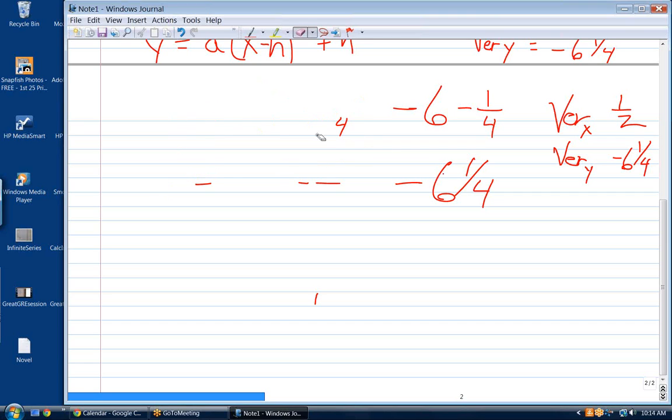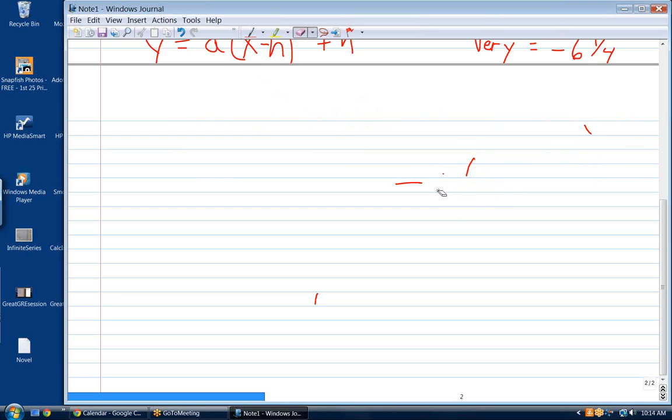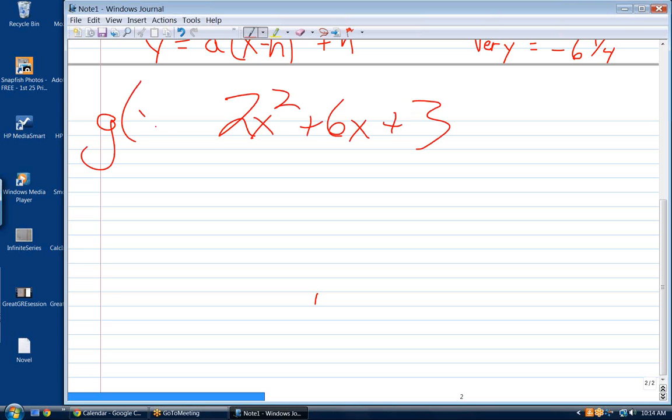Find the maximum or minimum value of the quadratic function g of x equals 2x squared plus 6x plus 3. Where's the maximum or minimum going to occur?